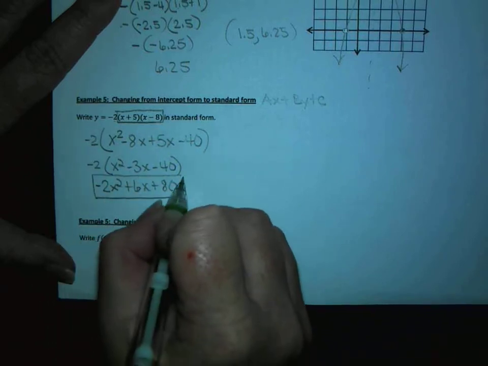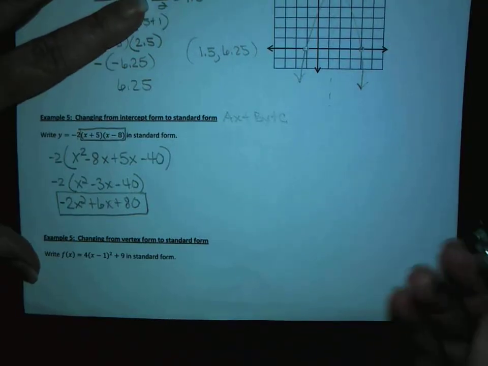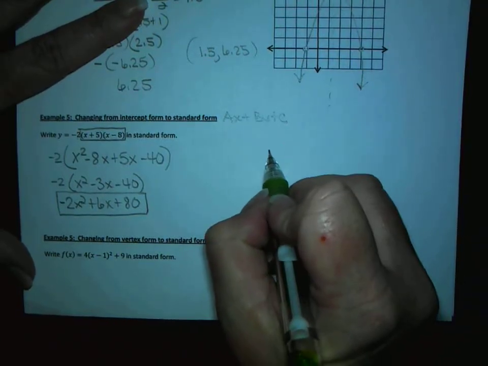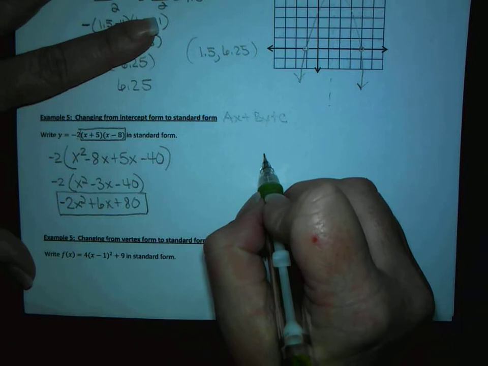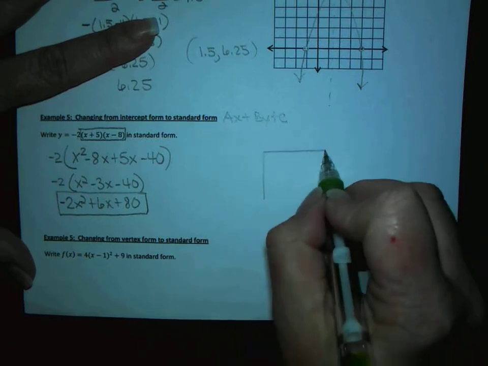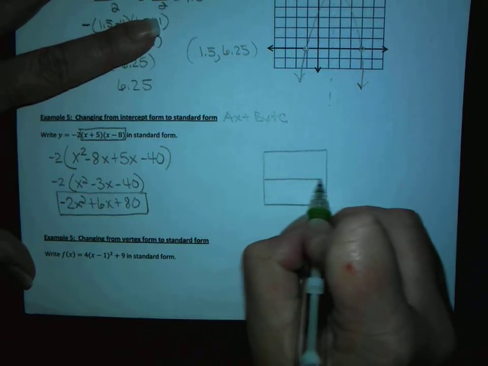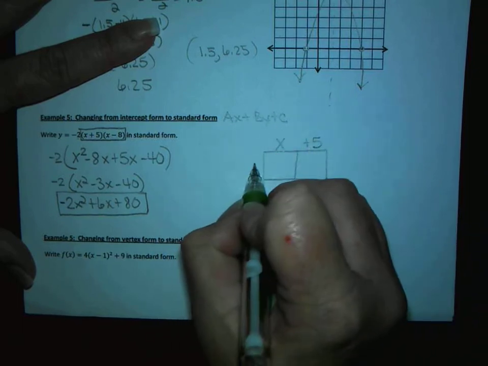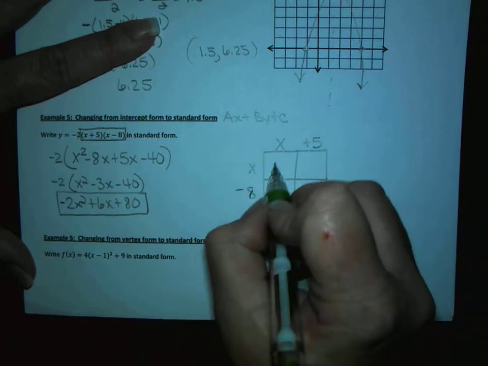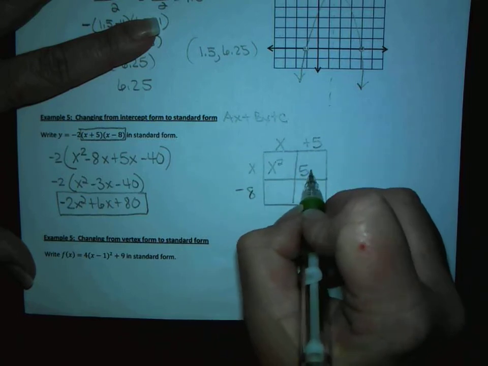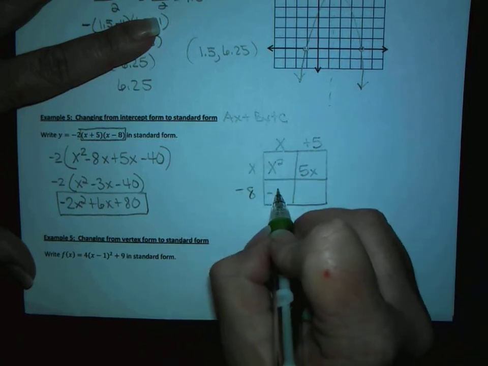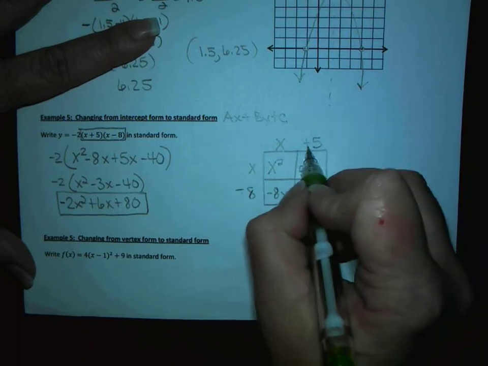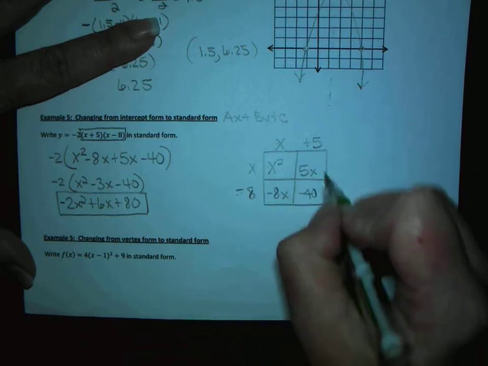Okay, using that same problem, let me go ahead and show you how to use the box method. If you wanted to multiply x plus 5 times x minus 8, you're going to do your box. That's a 2 by 2 box. And you're going to do x plus 5, x minus 8. So x times x is x squared, x times 5 is 5x, x times -8 is -8x, and positive 5 times -8 is -40.